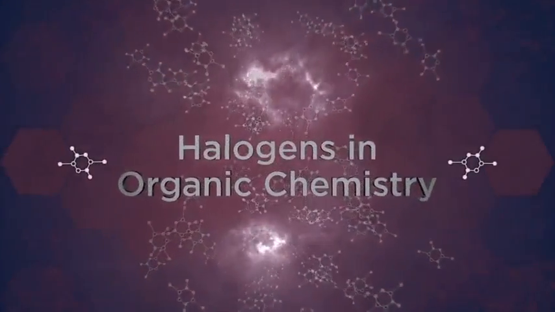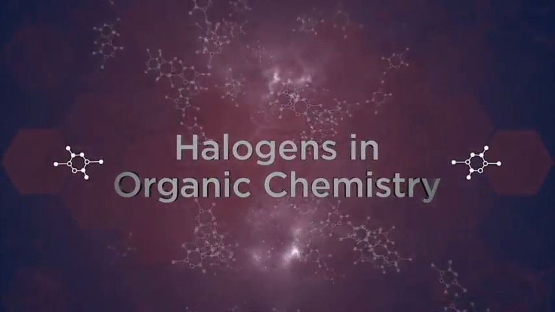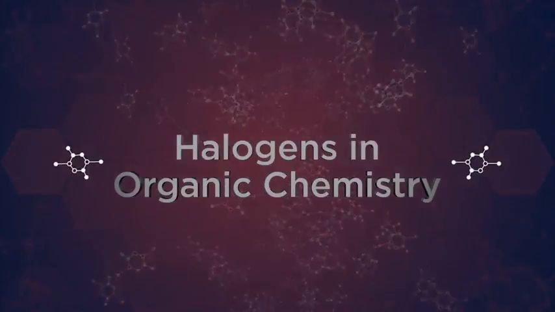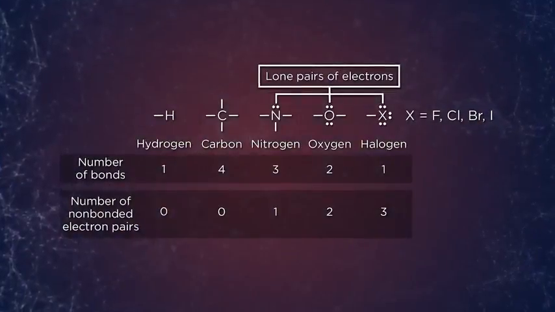Although many elements have a role to play in organic chemistry, today we're going to focus on the most common heteroatoms encountered in organic chemistry: oxygen, nitrogen, and the halogens. Halogens are a great place to start considering what happens when we really open up the periodic table to organic chemistry.